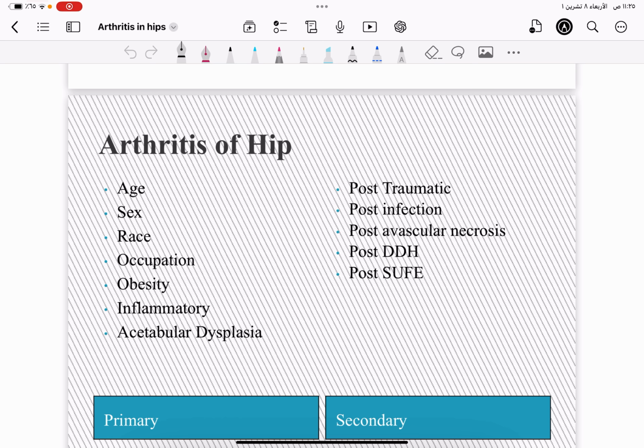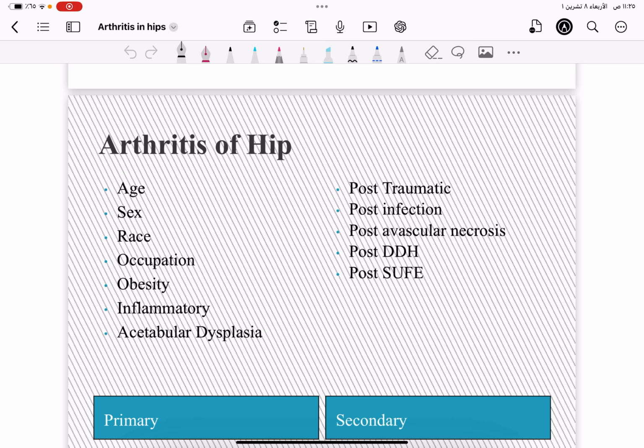The big joints, the ones under mechanical stress. That's right, so it's a big joint. The big joints tend to be affected by force, and it's mechanical and degenerative. The big joints have a lot of pressure on them, so they will be affected more.